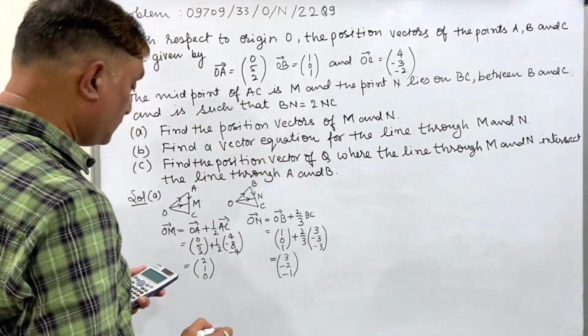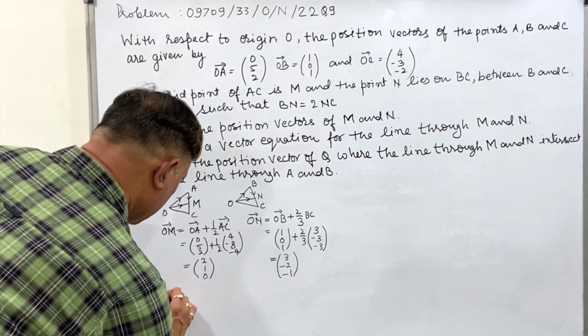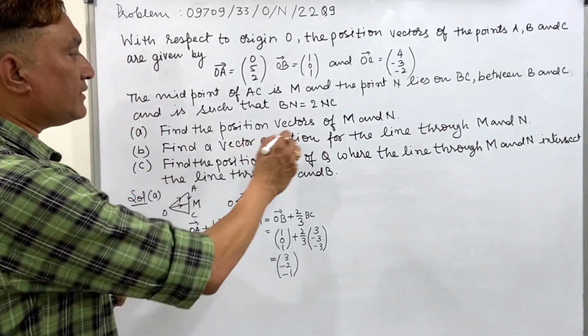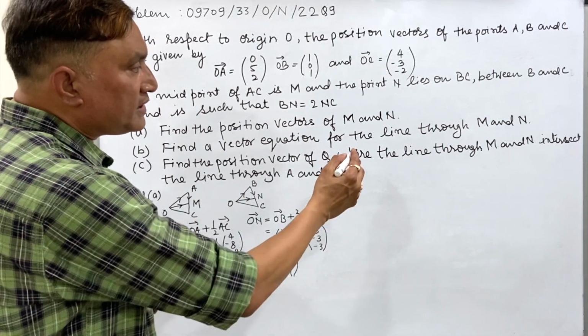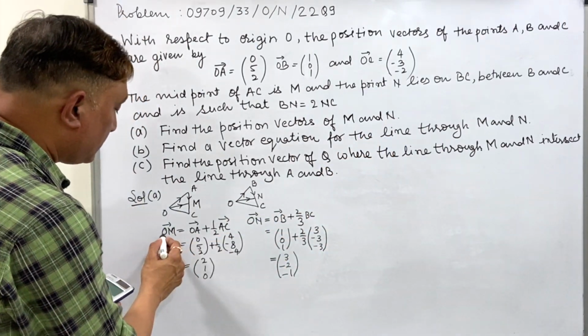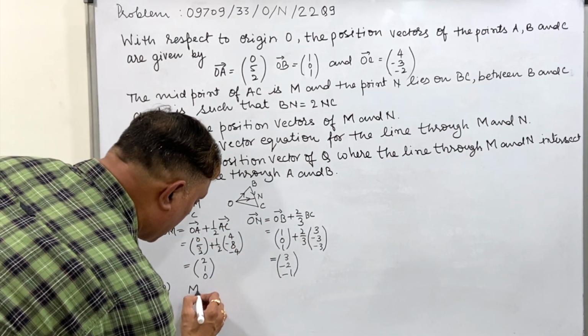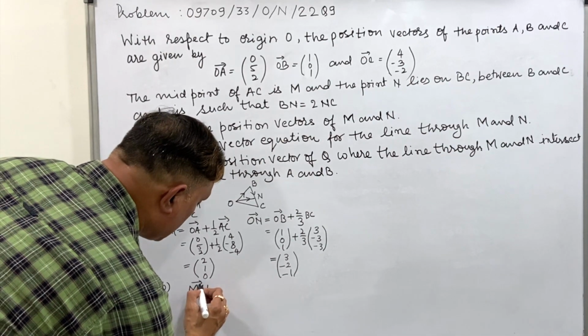Now we will proceed to part B. For part B, we have to find the vector equation of the line which is passing through M and N. So we have here OM and ON. First we will find the direction vector MN.